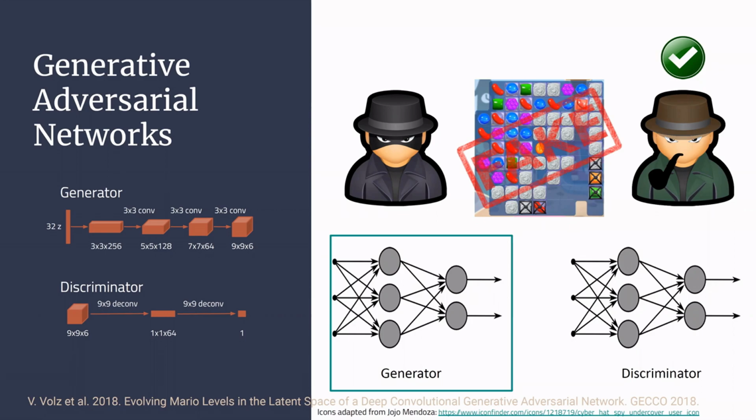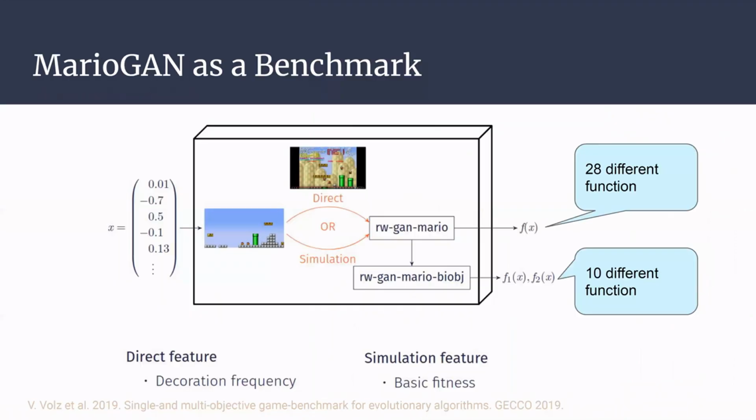Because they are training adversarially, ideally, if they go in the right direction, they will make each other better at their respective jobs. And at the end of the day, you take the generator and use it to generate levels. That's the gist of that.